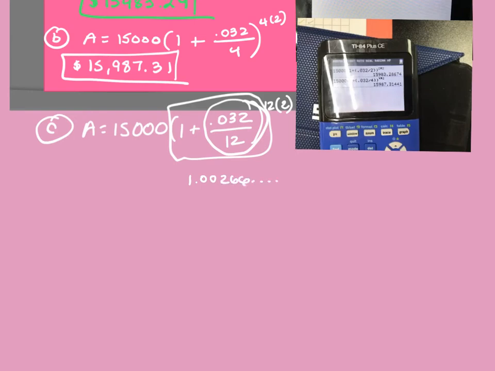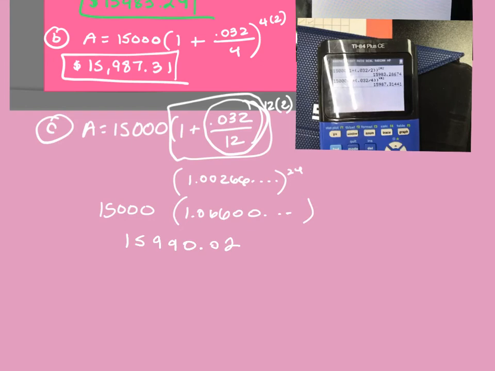And then I have to raise that to 2 times 12, so I have to do the math on that first. So I hit the y to the x button, I hit 24, and I get 1.06600, so on. Then I multiply that times 15,000. And I get 15,990.02. So the order, wait, did I do that wrong?